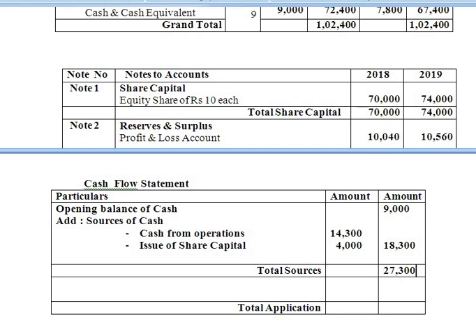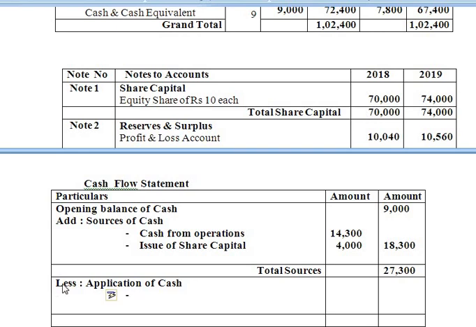Now next is what? We have to deduct. So the total source is how much? 27,300. Less what? Less application of cash or uses of cash.